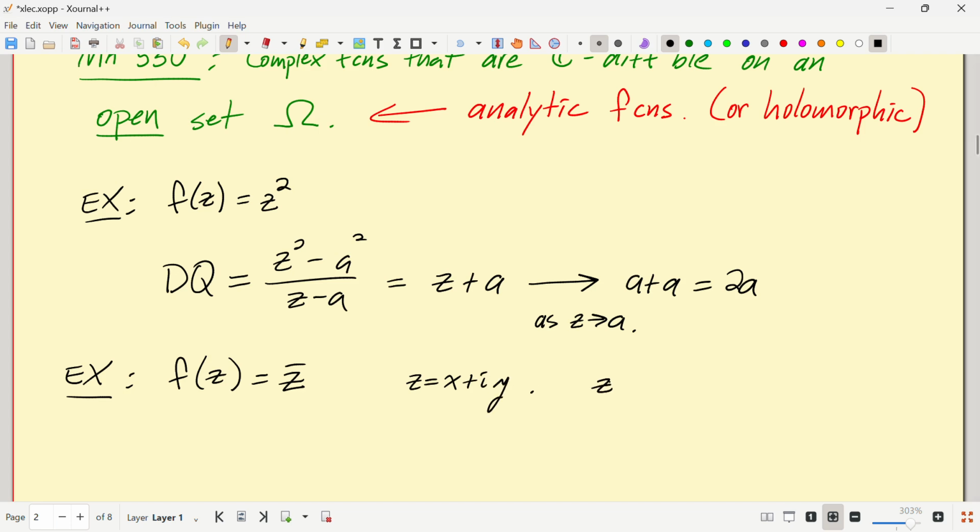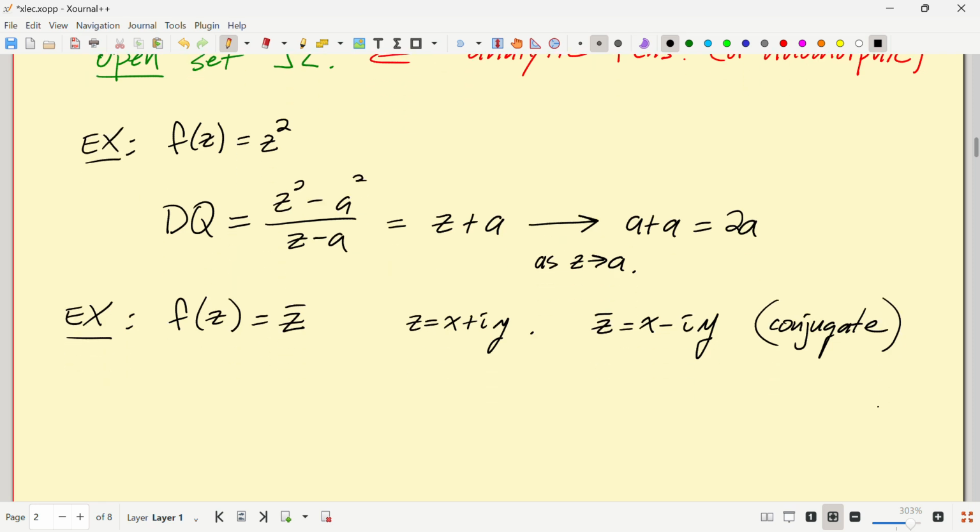Z conjugate is x minus iy. That's not complex differentiable.